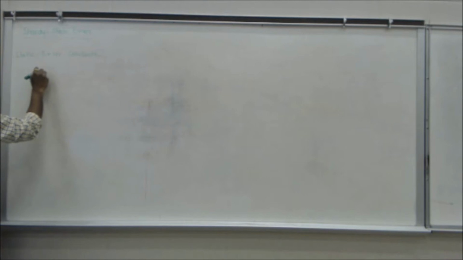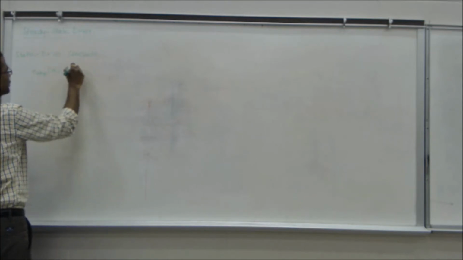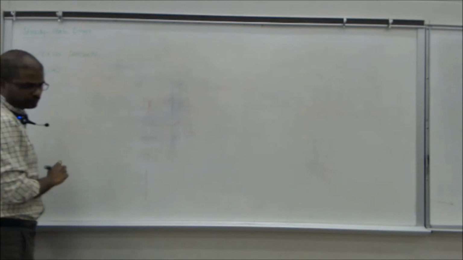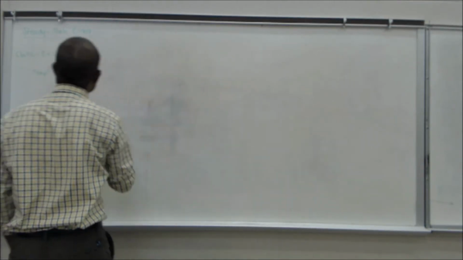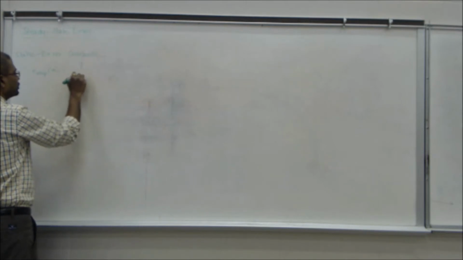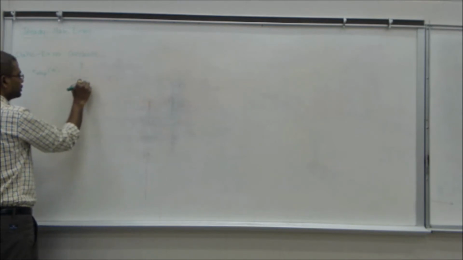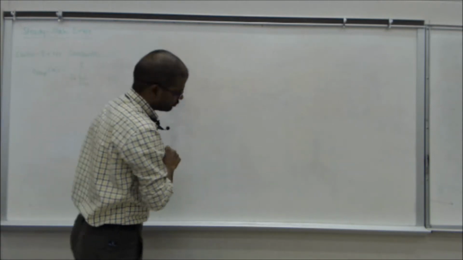We looked at this last time. The steady state error for a step input is given by 1 over 1 plus G(0).